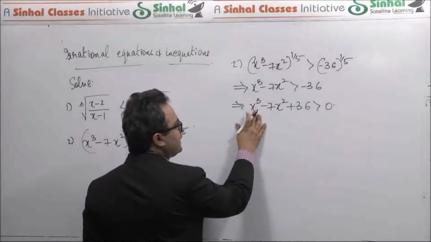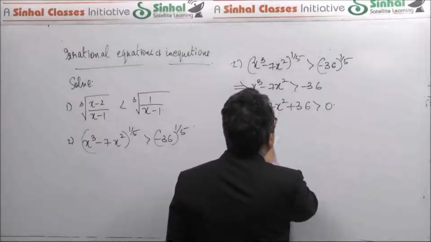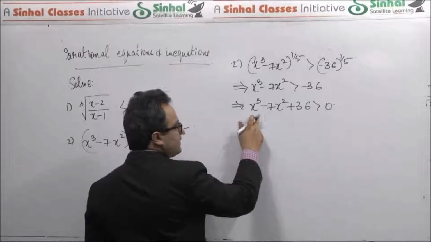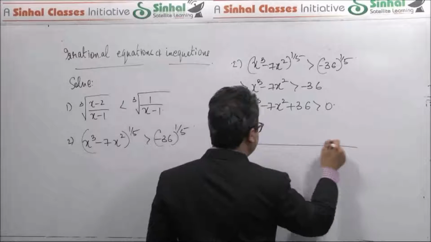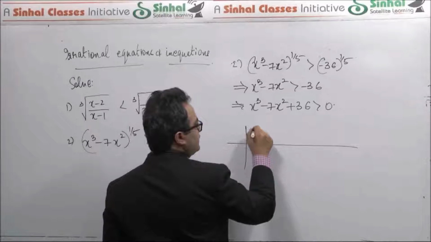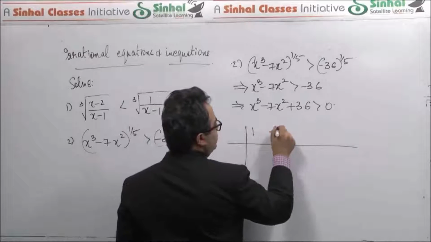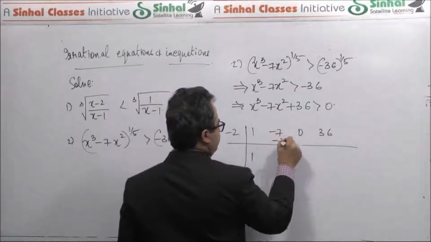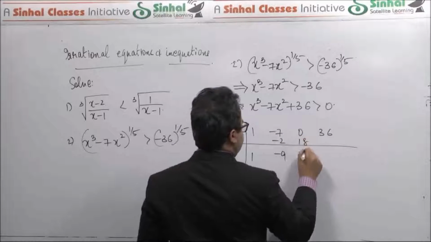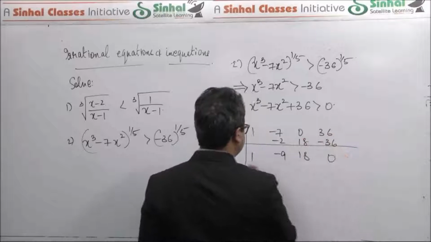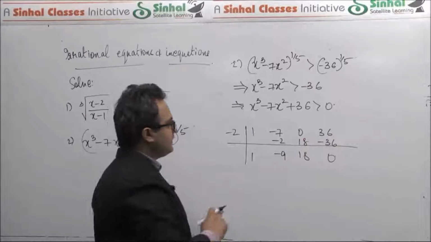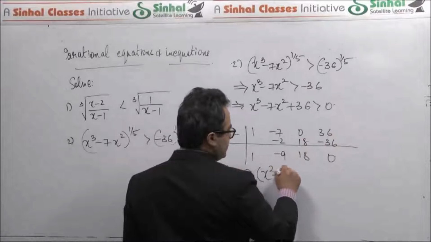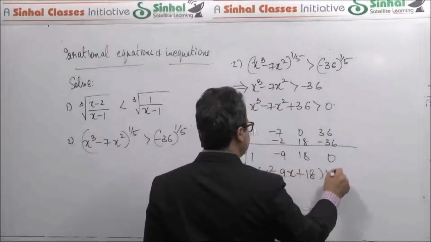So if we observe, x equal to minus 2 happens to be one of the roots. At x equal to minus 2, I'll get minus 8, minus 28, plus 36, which is 0. So x plus 2 is one of the factors, and I can find the remaining factors by synthetic division. So the factorization of the left hand side then is x plus 2 into x squared minus 9x plus 18, and that should be greater than 0.